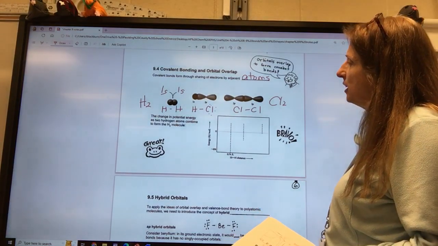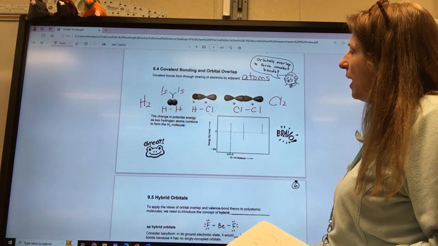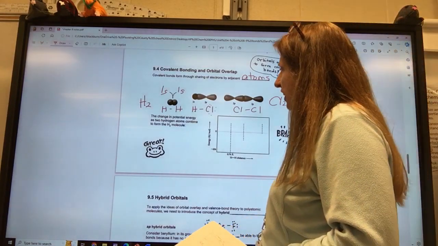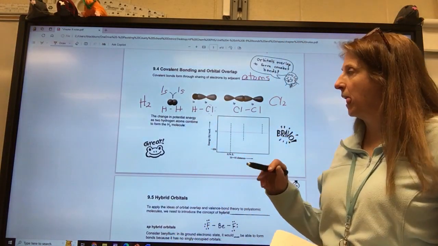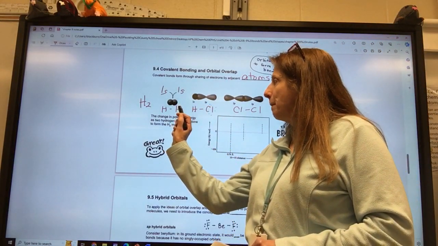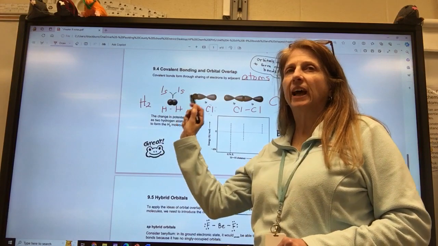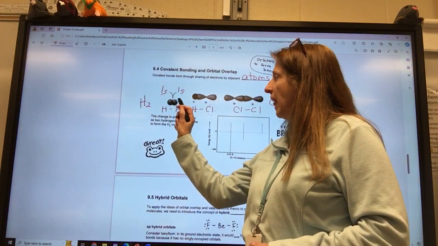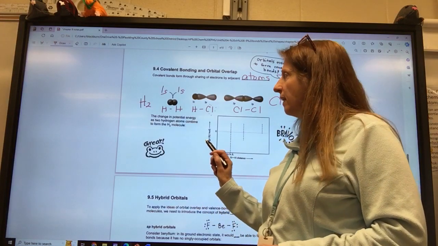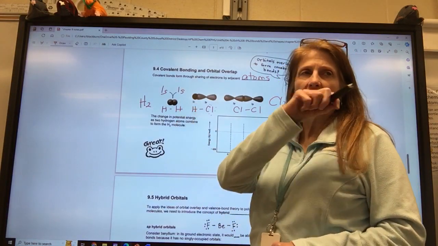The change in potential energy as two hydrogen atoms combine to form a hydrogen gas molecule. So let me tell you what this is. There is a certain amount of Venn diagram overlap that makes it happy. That's why we've got a happy little frog saying great. If it's not enough, not happy.